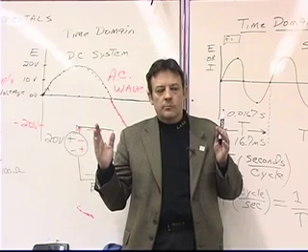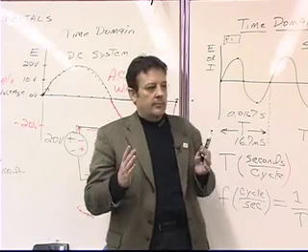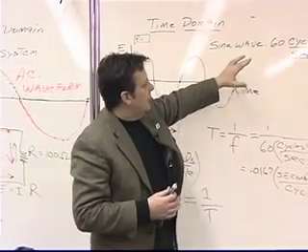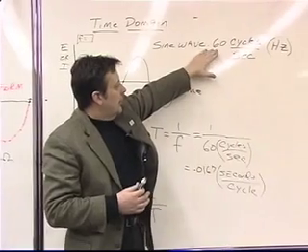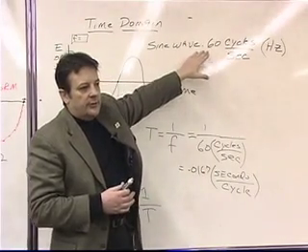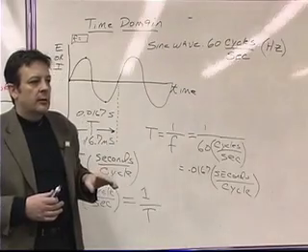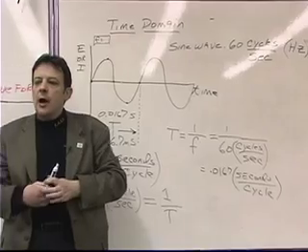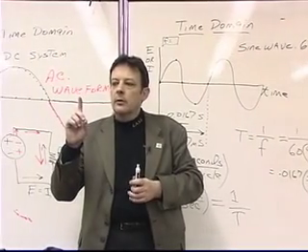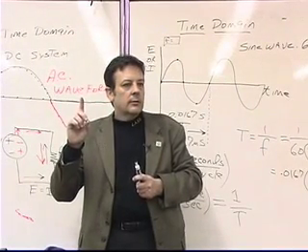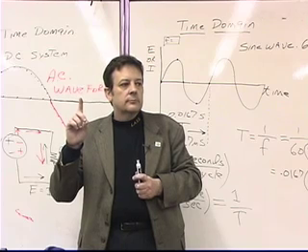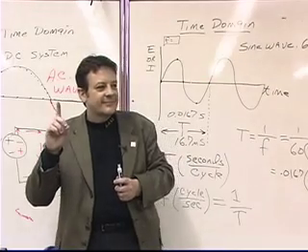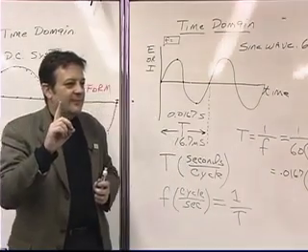The other way to look at it is, if we're talking about the frequency in the United States, 60 cycles per second, that means the current is changing direction how many times in 1 second? No, 120. No, think about that.